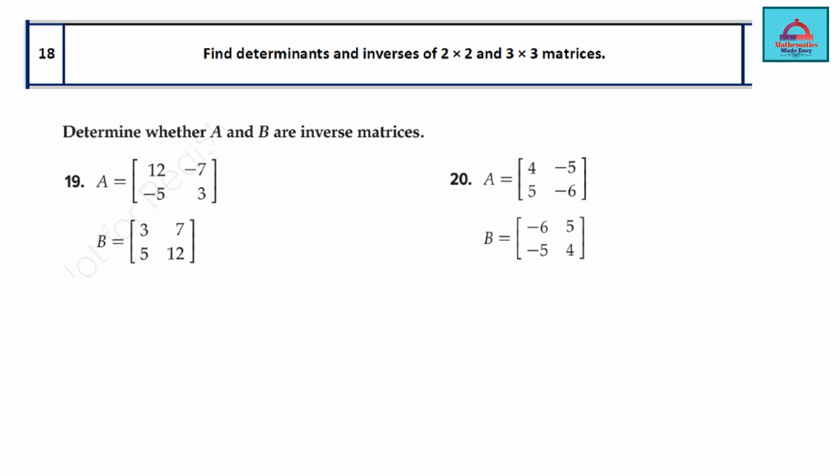Okay, so let's start learning objective 18, where the first question asks us to determine whether A and B are inverses. So let's see how we are going to solve.